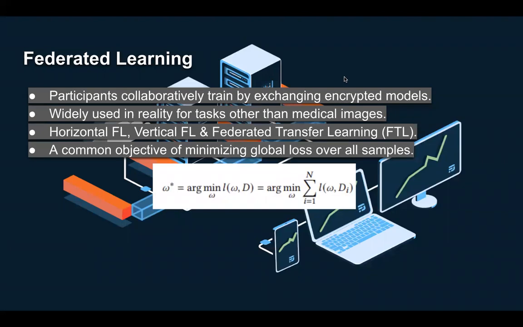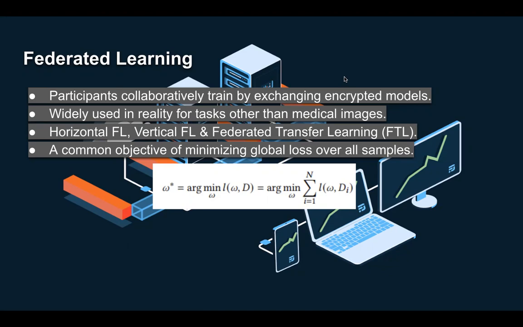Federated learning is an emerging privacy-preserving technique in which the participants collaboratively train a global model by exchanging encrypted models. In detail, at first, the server will broadcast an initial model to all the participants.